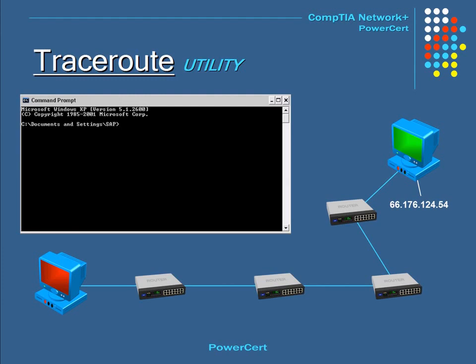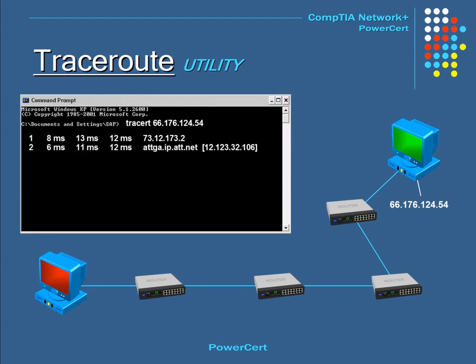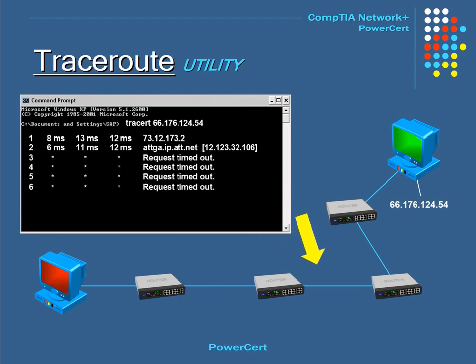So let's go ahead and trace route this IP again. And let's suppose that this time there was a problem. So let's type in traceRT, then the IP address, and as the data packet goes on its path, it'll tell us at which area the problem lies. And the data packet stops right here. So the traceRT utility has isolated that the problem is somewhere between these two routers.